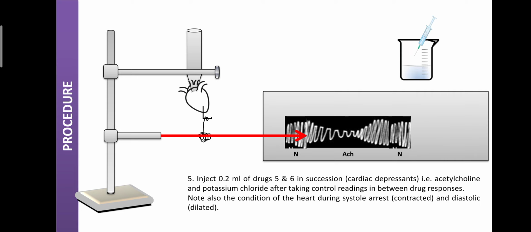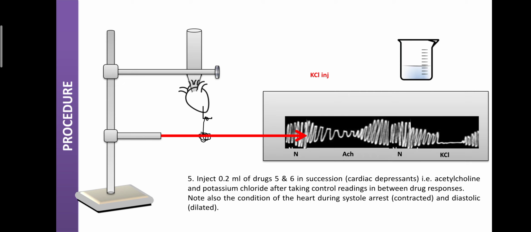After normal responses, inject 0.2 ml of potassium chloride and then record the responses. Potassium chloride is also a cardiac depressant. It decreases the heart rate, and the heart can be stopped in the diastolic condition by administration of potassium chloride.